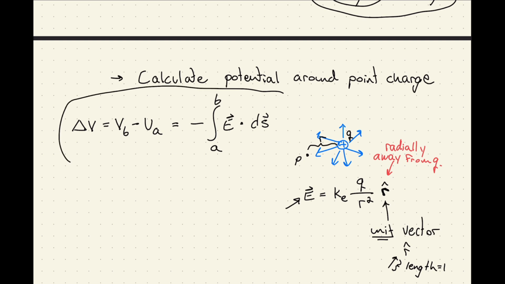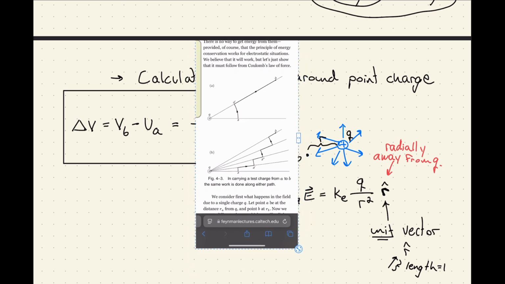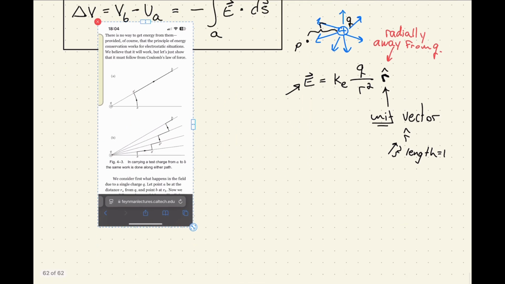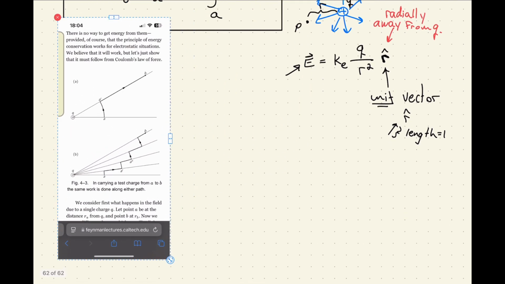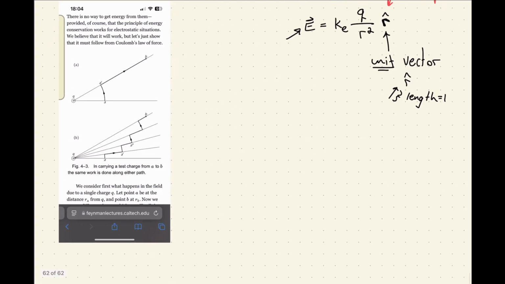We're going to use this to solve the problem for what is the electric potential around a point charge. Now I'm going to bring in one more thing, which is a picture right here, and you might see from the bottom of this picture that this is actually from the Feynman lectures.